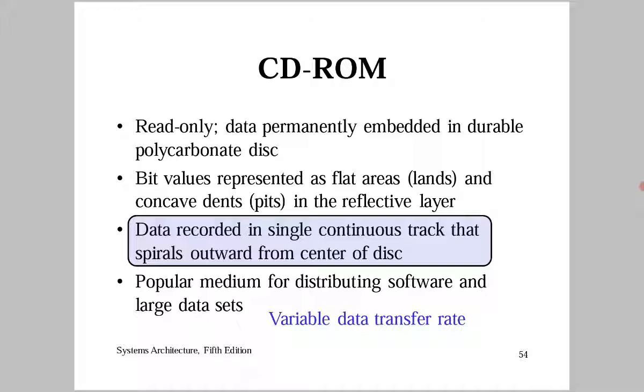What is the CD-ROM? Compact disk read-only memory. It is read-only, not writable. Generally having a capacity of 700 MB, works only as read-only. Data is permanently written on the surface of the disk.